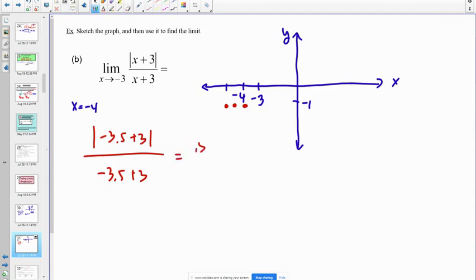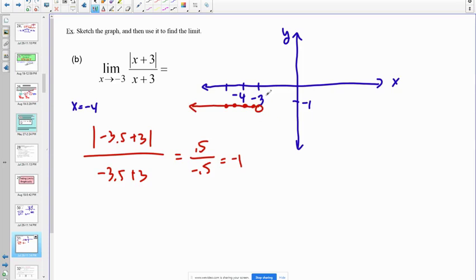That's going to give me 0.5 on the top. It's always positive on the top. And -0.5 on the bottom, which will give me -1. So basically, this function, if I connect it, is really just -1. But right at -3, it's an open circle.